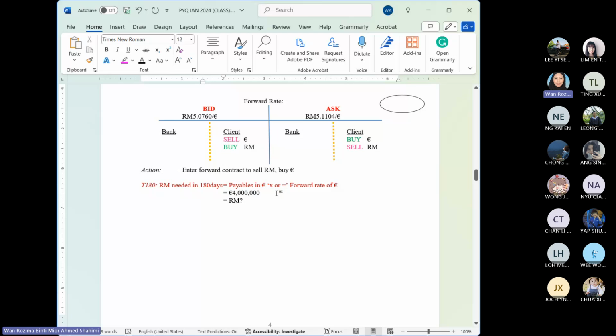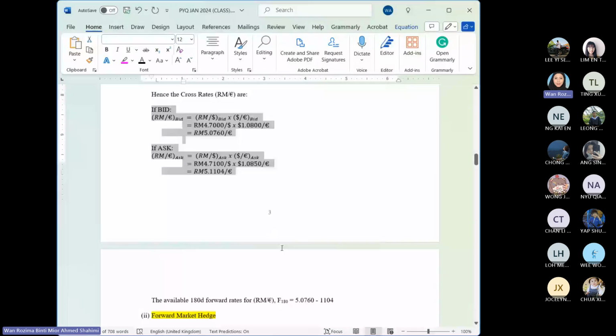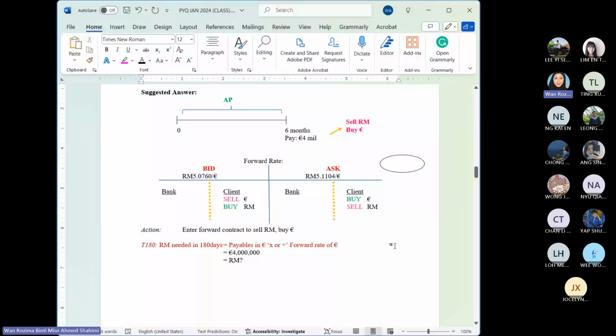Can you tell me, now we have the forward rate based on the spot rate, with both bid price and ask price. As you can see here, I put the answer here. Now class, should I take the bid price forward rate or the ask price forward rate? Anyone, please? Bid price or ask price?